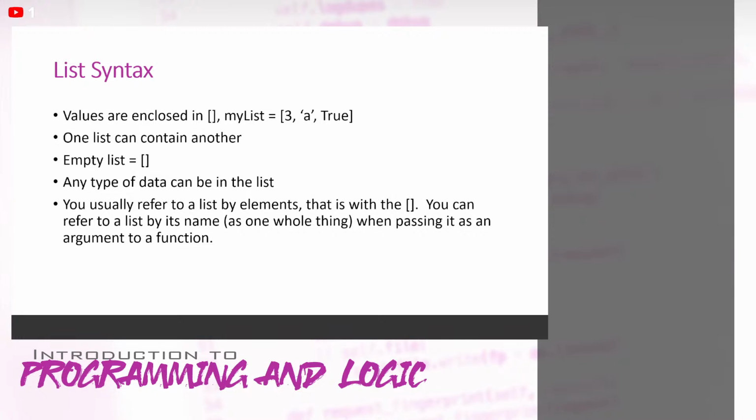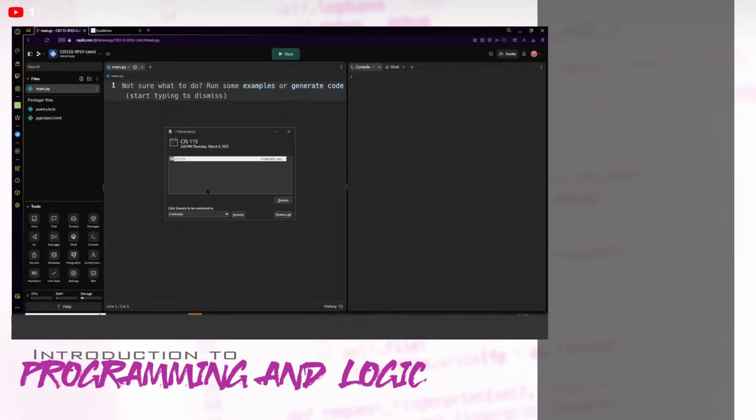So let's go over to a replit right now, and let's go ahead and try out making a list and just playing with it a little bit and see what we get there.